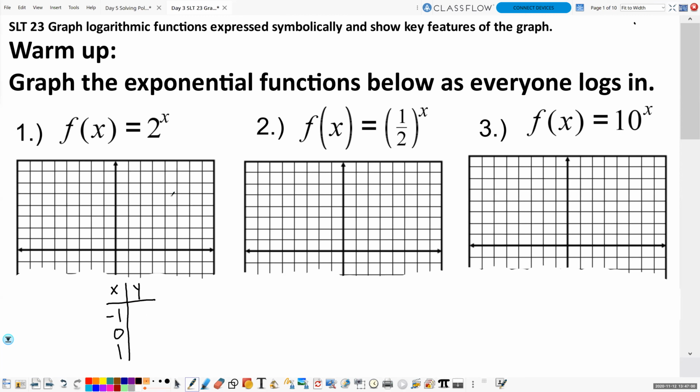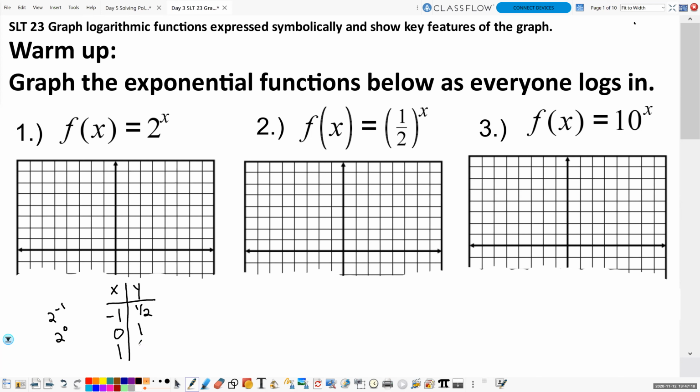So Isadora, if we plug -1 in for x for number 1, what do we get? 1/2. Very good. If we plug 0 in for x, what do we get? 1. And then if we plug 1 in, we get 2. All right. So when we graph these, here's -1, 1/2, 0, 1, 1, 2. And if we kept going, it would be 4 and then 8.